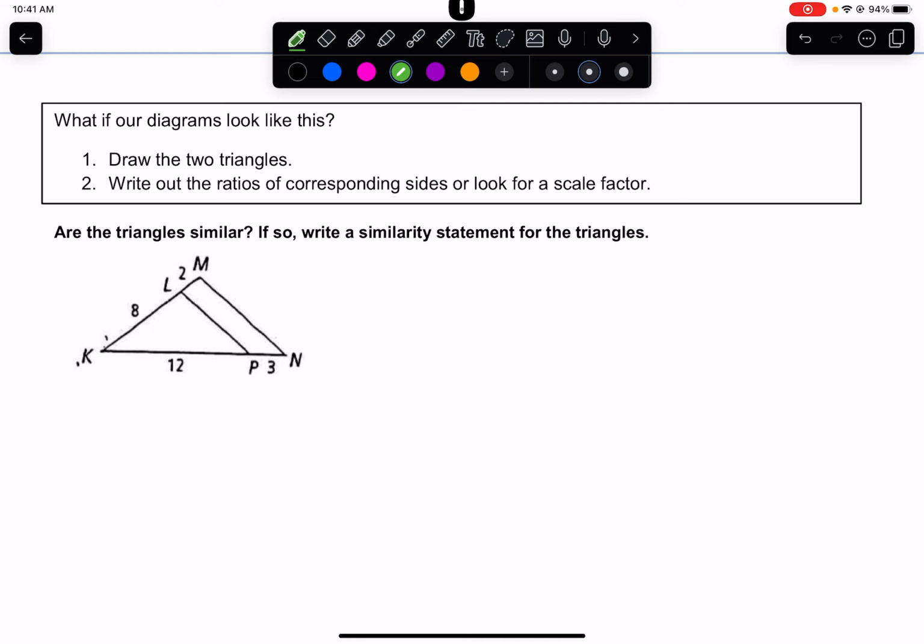If we have some diagrams that have overlapping, the first thing that we want to do is to actually redraw the triangles. So I'm first going to draw KLP. So we have KLP.